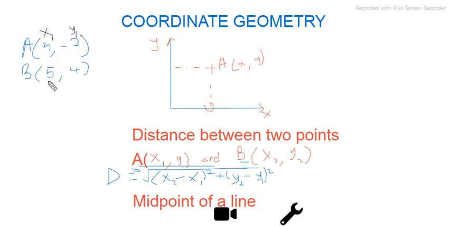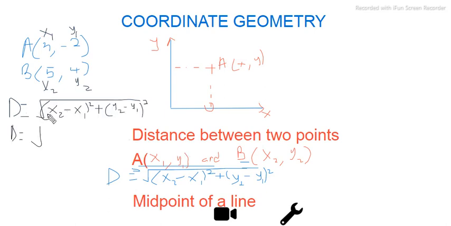For B, this is the x coordinate, we call that x2, and this is the y coordinate, y2. If we use our formula, the distance is the square root of x2 minus x1 squared plus y2 minus y1 squared. So we substitute: x2 is 5, x1 is 3, y2 is 4, y1 is minus 2.